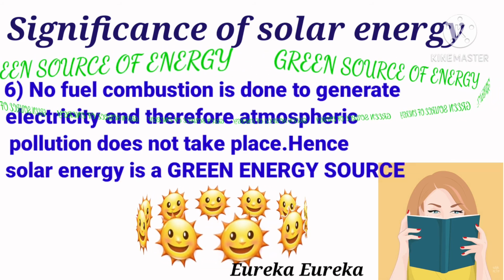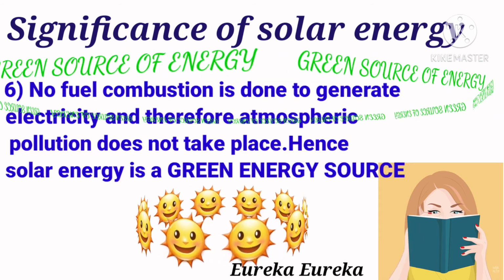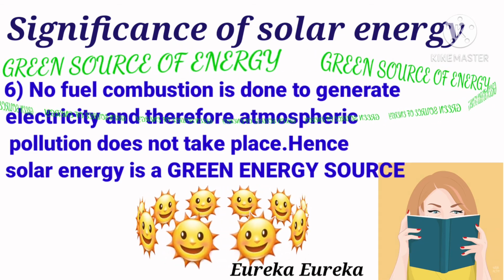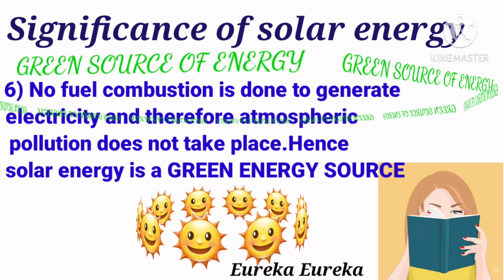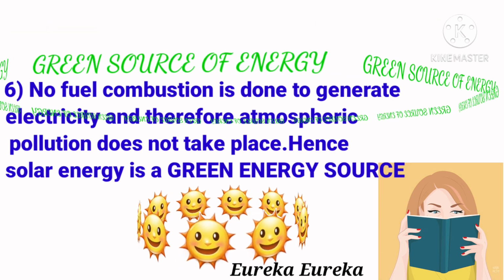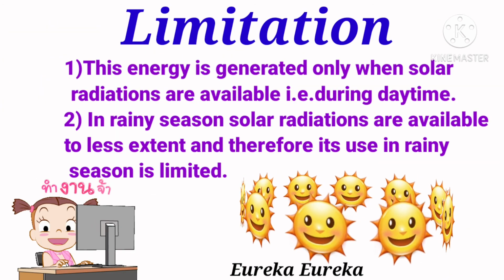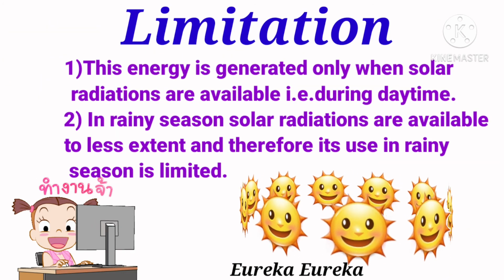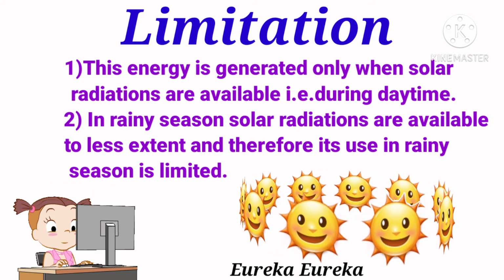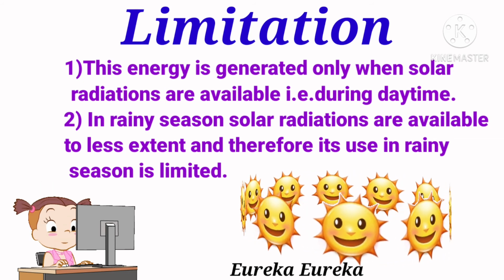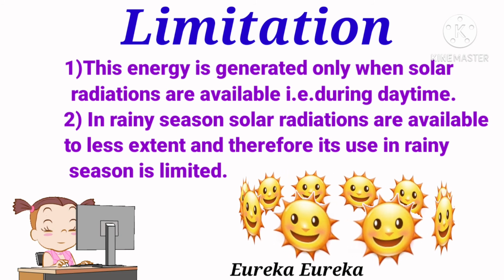Sixth point is that no fuel combustion is done to generate electricity and therefore it is a clean source of energy. Yes, but solar energy has a limitation that the energy is generated only when solar radiations are available, that is, only during daytime.